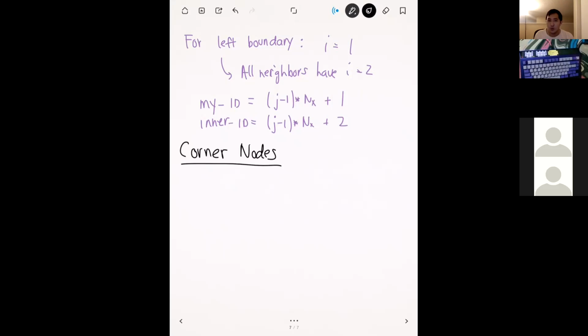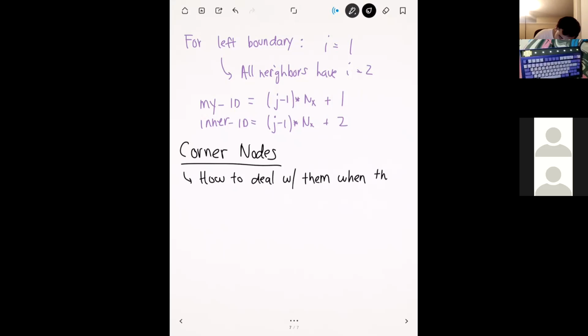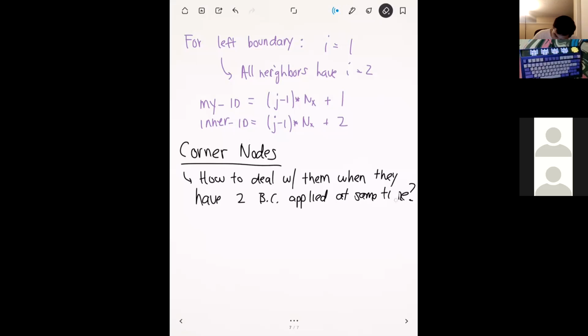So the question becomes, how do we deal with these corner nodes when they have 2 boundary conditions applied at the same time?